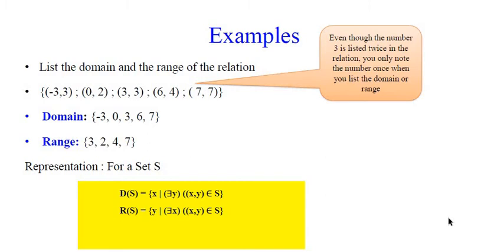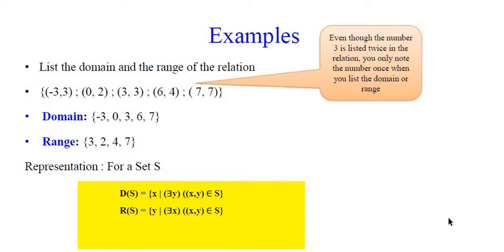Now list the domain and the range of the relation. Here we have a set that is minus 3, 3 with pairs 0 2, 3 3, 6 4, 7 7.